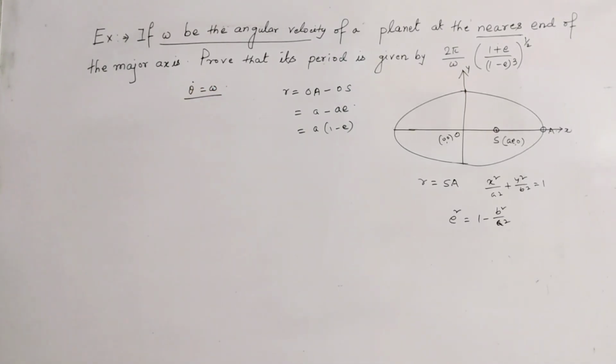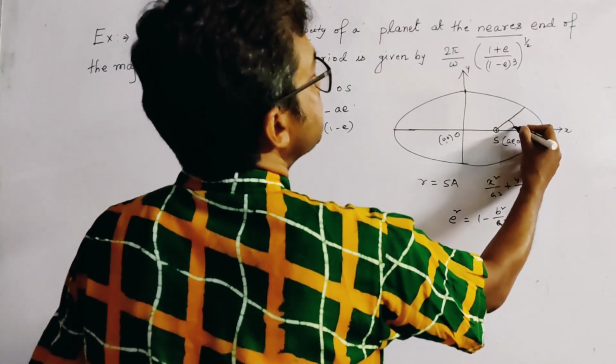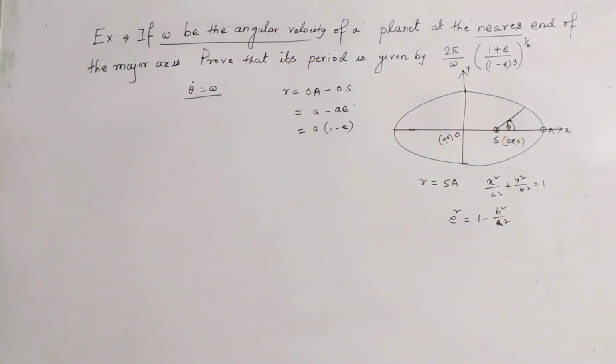It is also given that if this is the radius vector and this angle is theta, then the angular velocity theta dot is equal to omega.